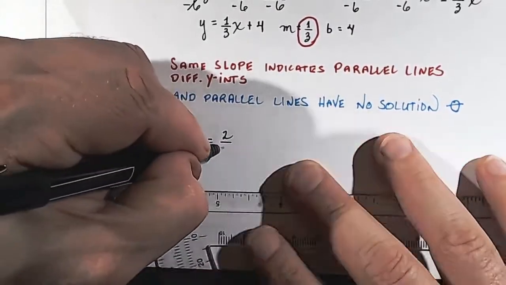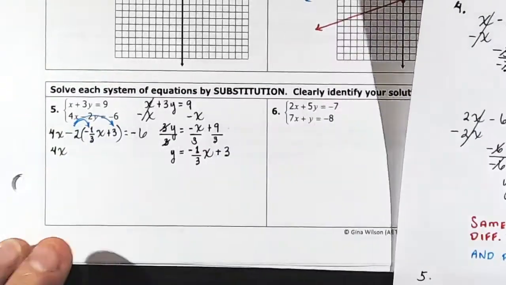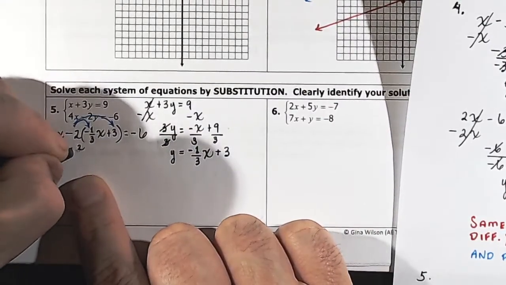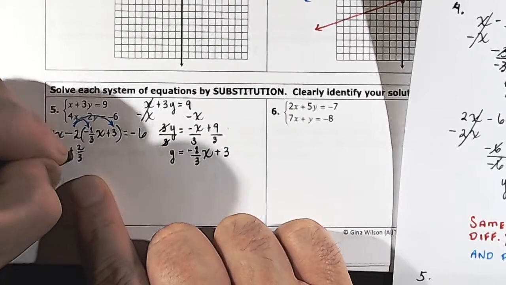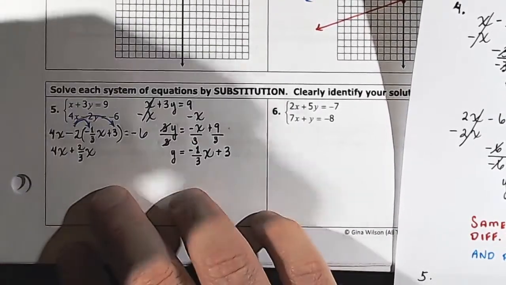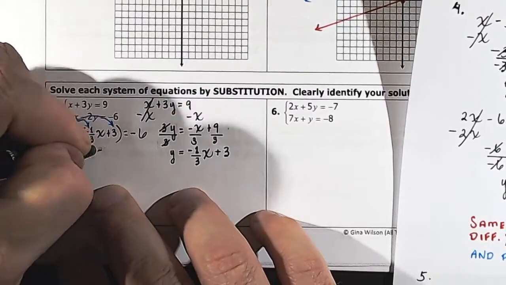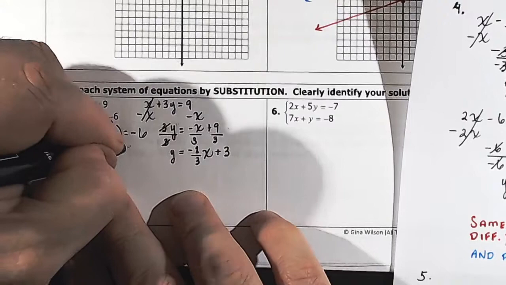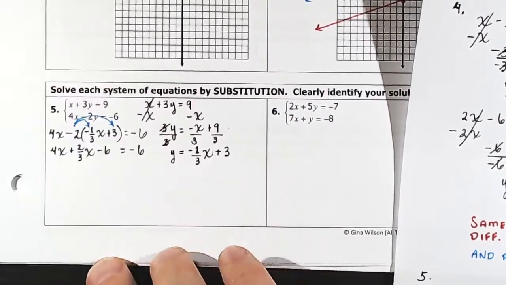So that's positive 2/3. So I write plus 2/3 x. And now I have negative 2 times negative 3, which is minus 6. And that all equals negative 6.